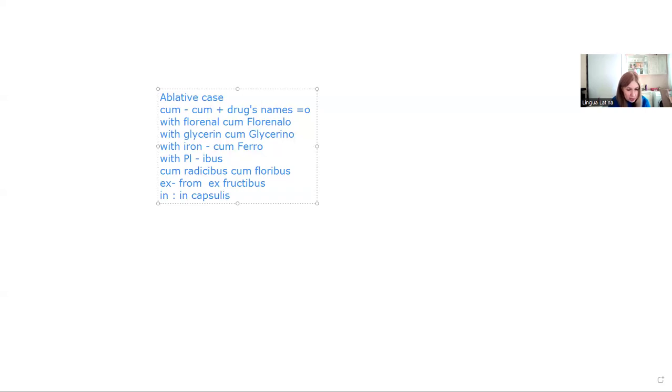In tablets, in tabulettis. And sometimes we use the adjective obductis, it means coated. In tabulettis obductis. For capsules, we can also use in capsulis gelatinosis and elasticis. These are two adjectives that can describe capsules.